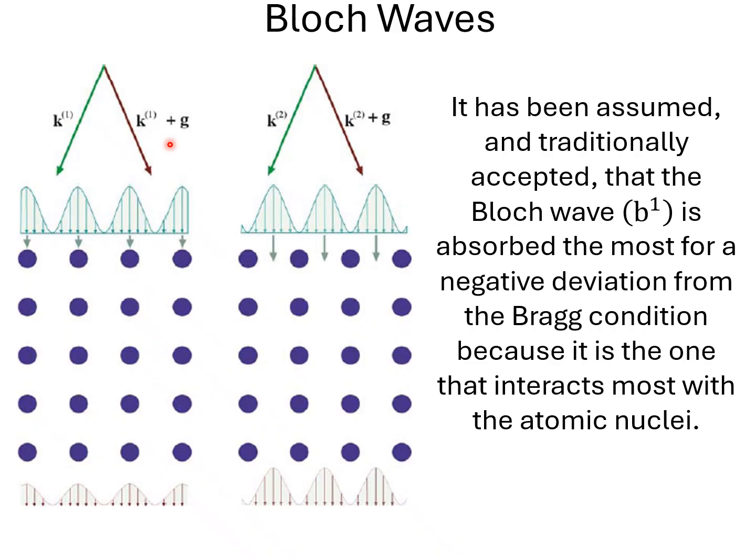It's generally assumed that's because this is the one that interacts with the atomic nuclei and is therefore more absorbed for this S-negative condition, while Bloch wave 2 is the one traveling down between the atom nuclei. But I'm not so sure that this is the right picture.